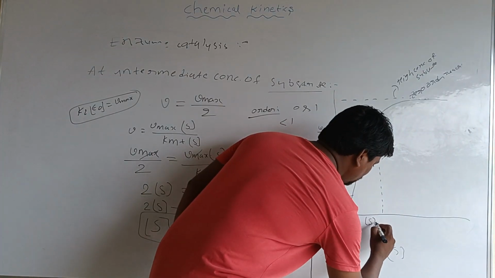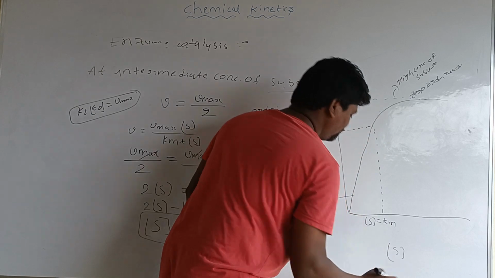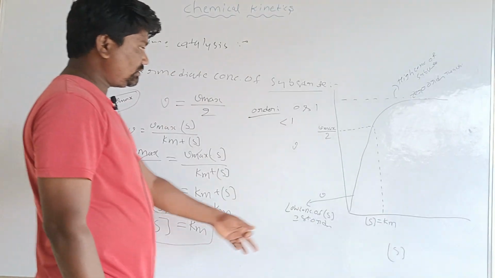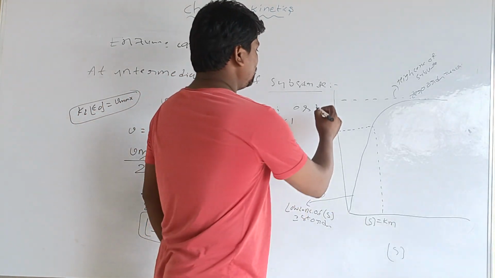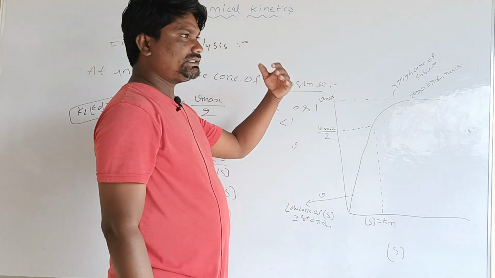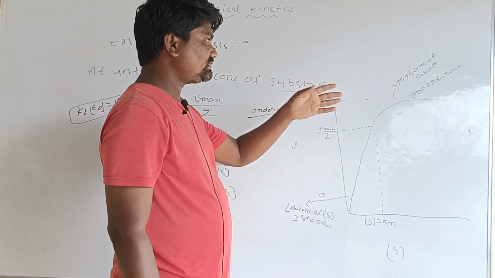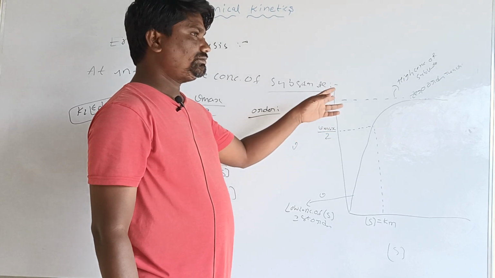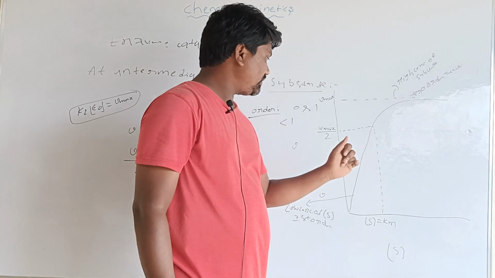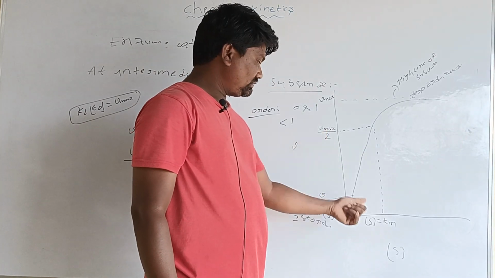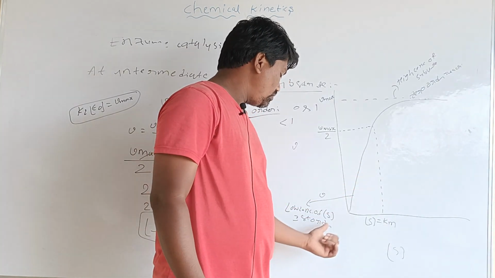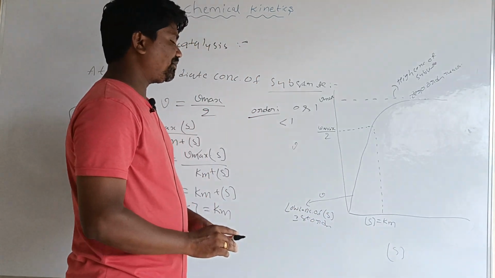Here S is equal to Km. Intermediate concentration, S is equal to Km. This is mu maximum. Mu maximum means at high concentration of the substrate, zero order. Mu maximum by 2 means here S is equal to Km, intermediate concentration. At low concentration, first order reaction.